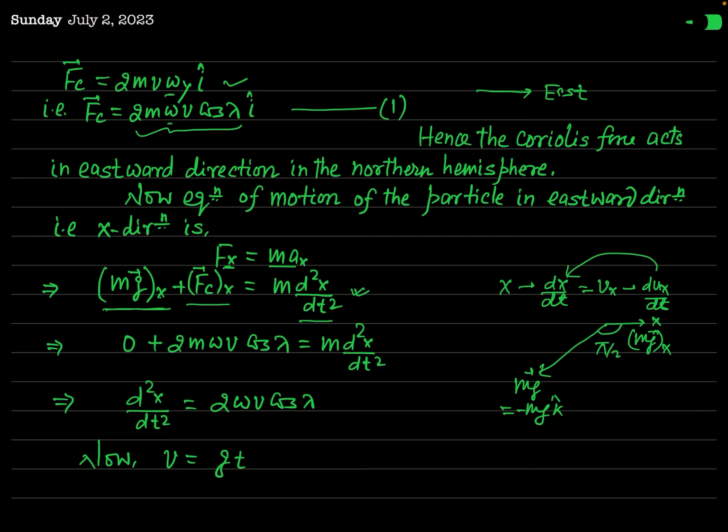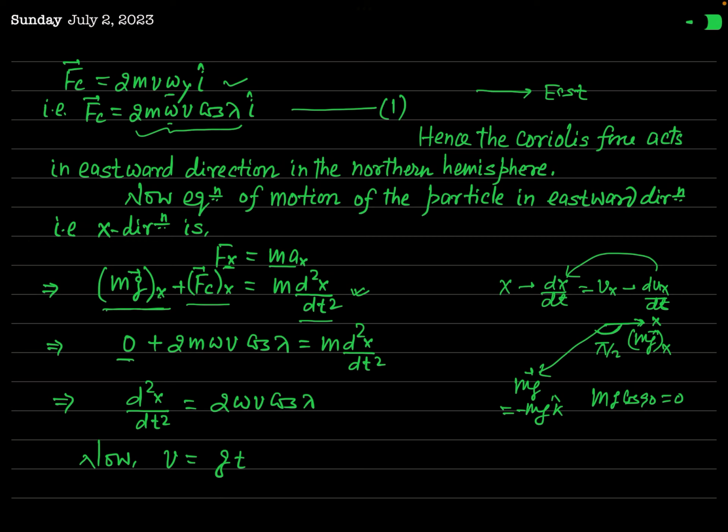In the three-dimensional case, a 90 degree angle does not appear like 90 degrees because it is in the negative z direction and we are finding its component in the x direction. So the angle between these two directions is 90 degrees. So what will be the component of mg? This will be mg cos 90, and cos 90 is 0, so this will be 0. So the x component of the real force of gravity acting on the particle is 0.